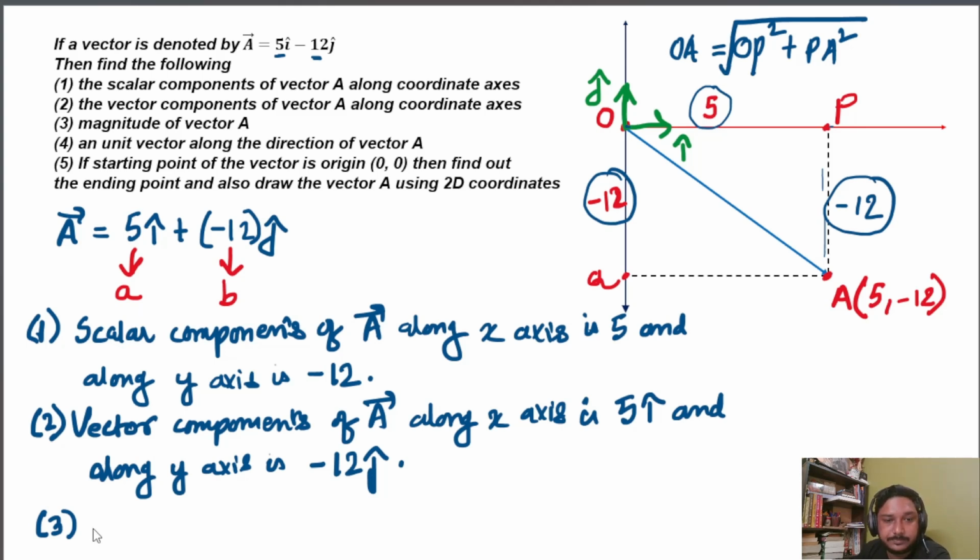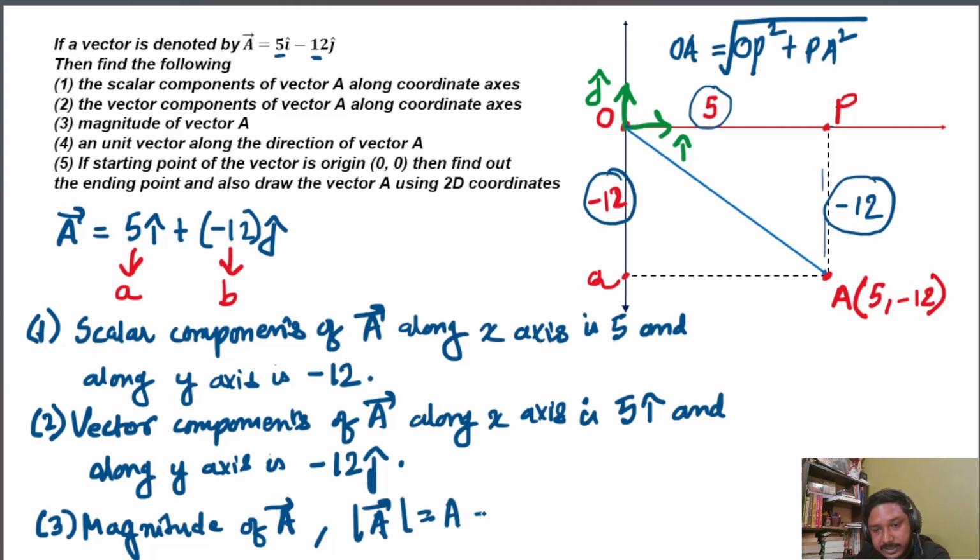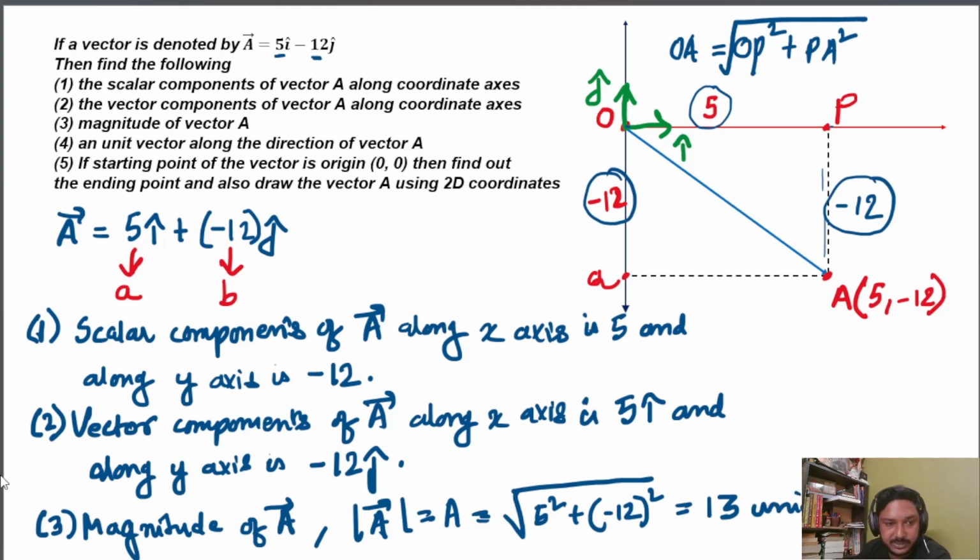So now let us see the magnitude of vector A, which will be mod vector A, or simply we can write A also, which will be square root of 5 square plus minus 12 whole square. So it will be 169 under the root, which is 13. So 13 units will be the magnitude of this vector.